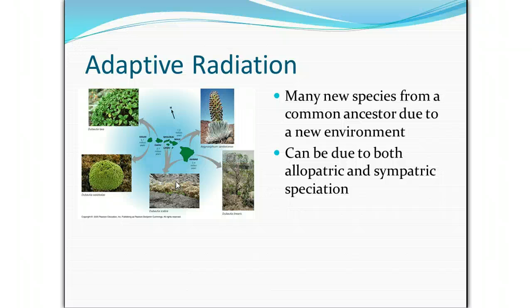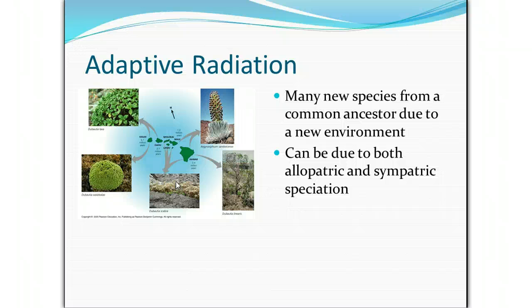However, it's important to consider that adaptive radiation can be due to both allopatric and sympatric speciation. So islands are a great example of geographic isolation, right? You're on an island and you can't go anywhere else, pretty much. So you are geographically isolated, and so yes, your species is going to evolve into perhaps a new species.